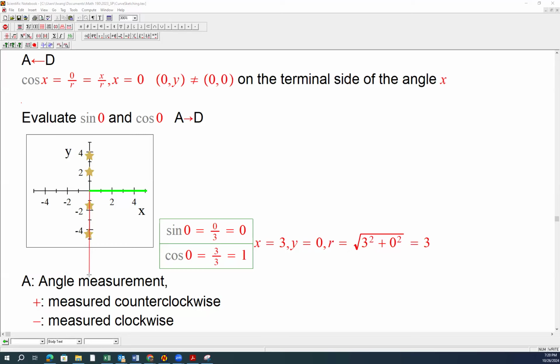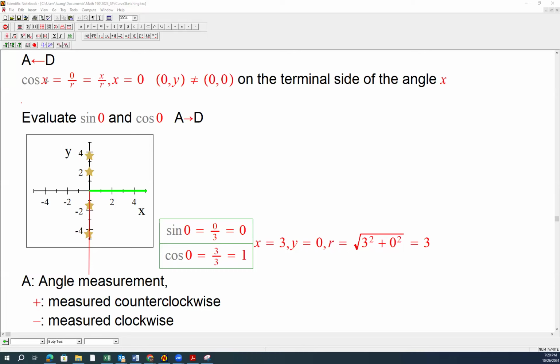We can also go clockwise. So these are the two terminals. Any point on them except the origin will lead to cosine x equals 0.